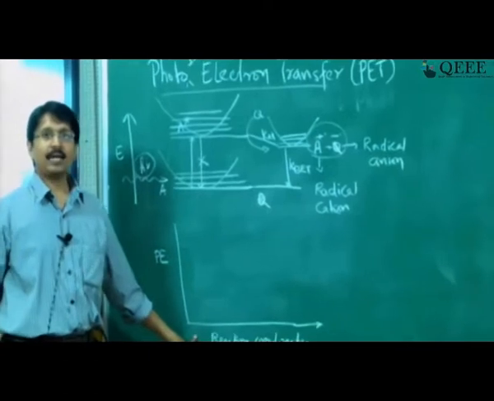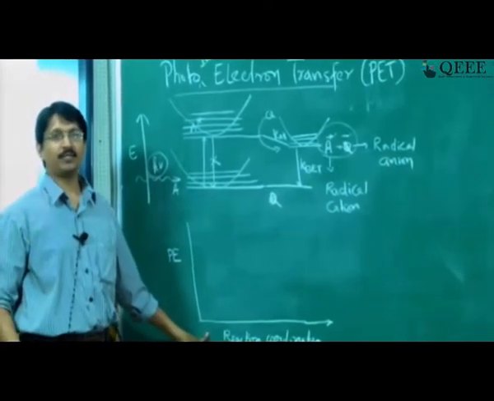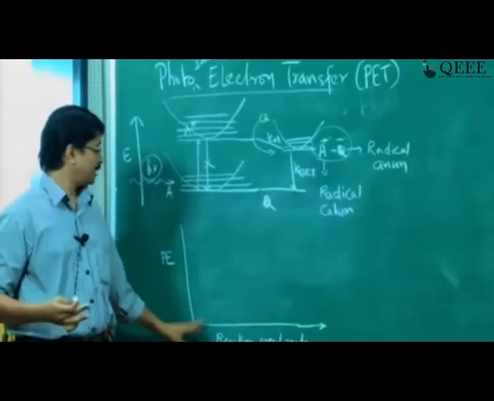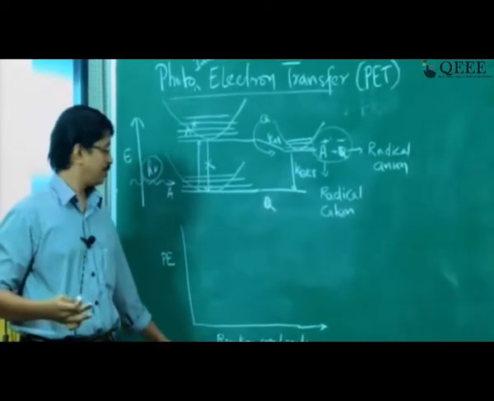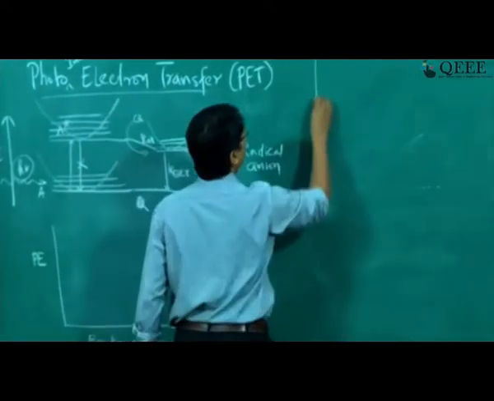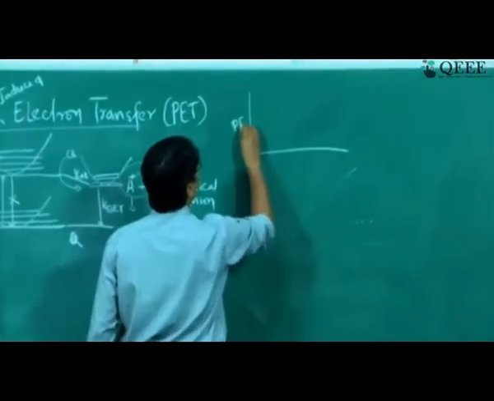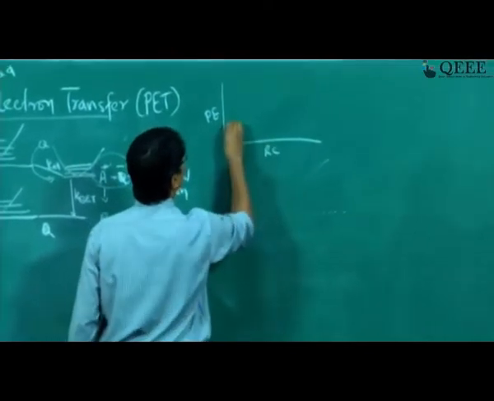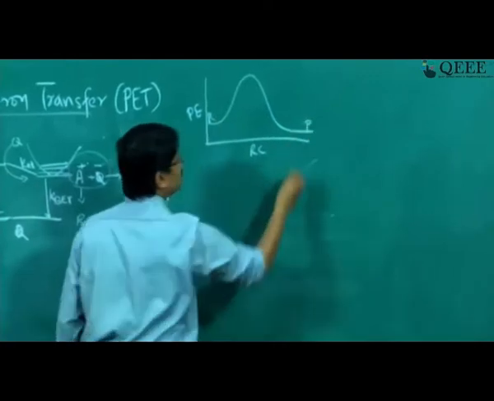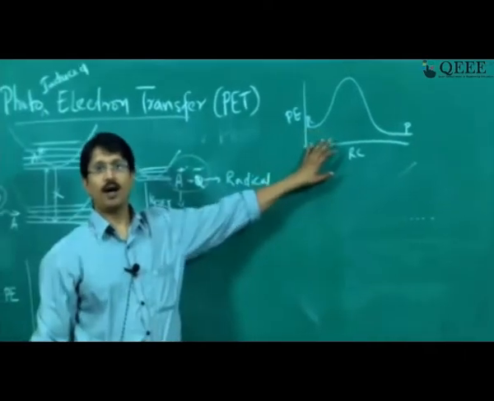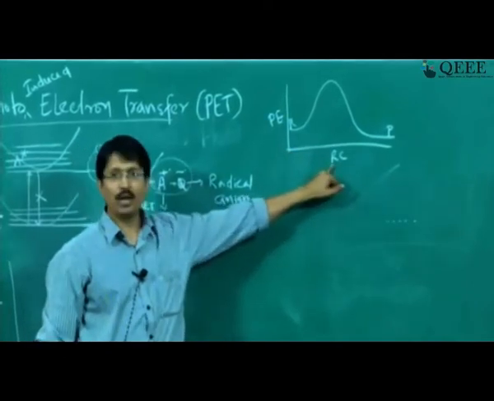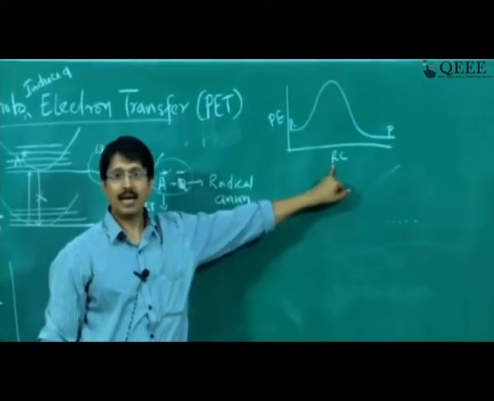You are familiar with reaction coordinates; even in high school textbooks this kind of graph is there, potential energy versus reaction coordinates, PE versus reaction coordinates, reactants and products. All chemistry students are familiar with this kind of graph. Now the question to you is, what do you mean by reaction coordinates?